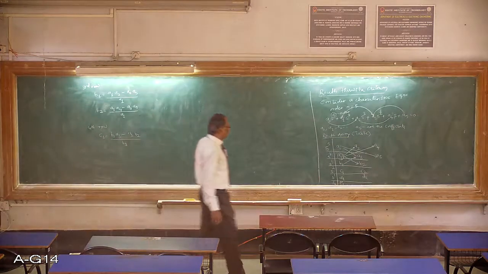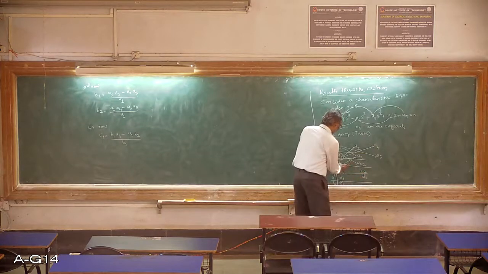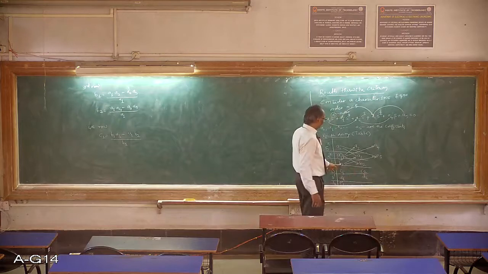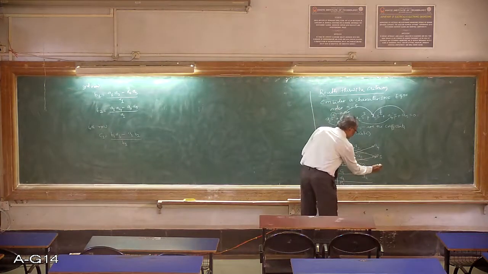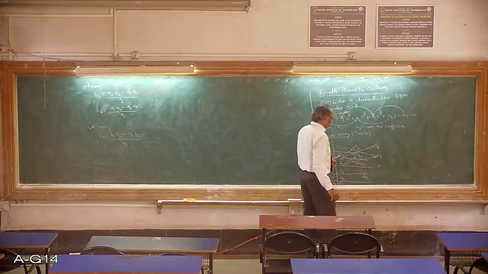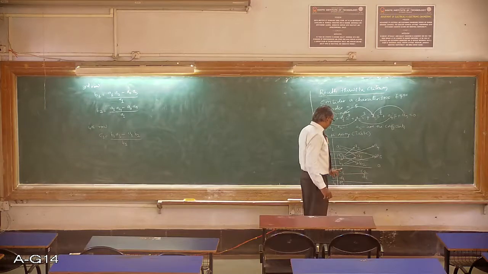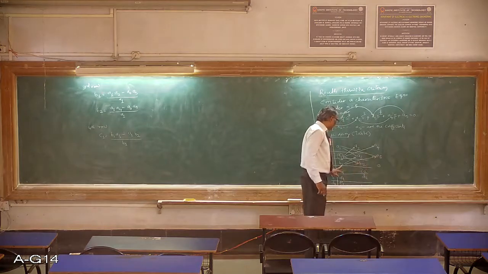C2 is B1 A5 minus A1 into 0, and A1 into 0 is 0 only, so it is B1 A5 divided by B1.